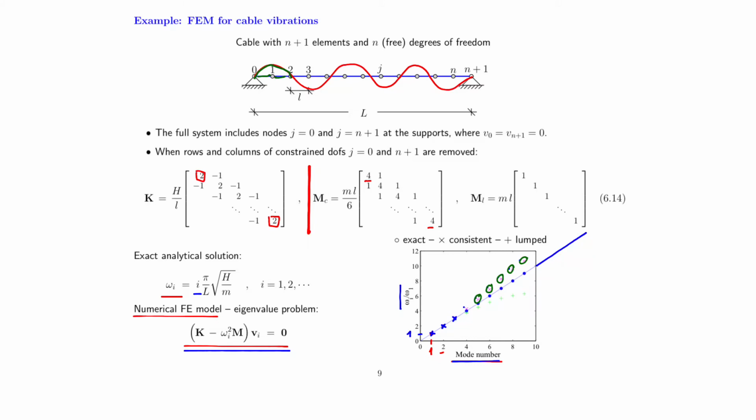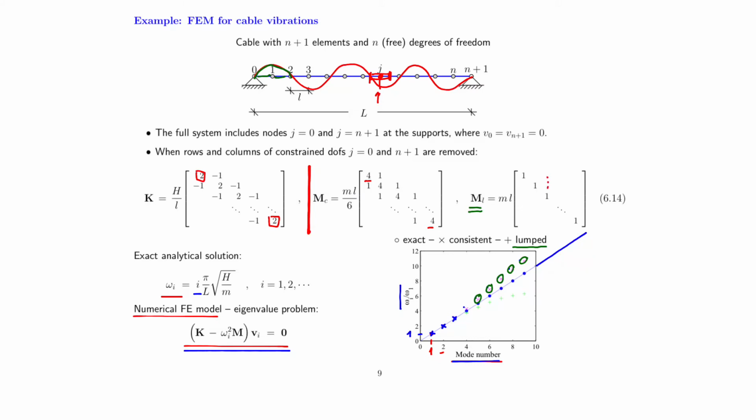A final notion for cable elements is that we can also use an alternative mass matrix. This mass matrix will be referred to as the so-called lumped mass matrix. And lumping means that for a given node j, we simply take the mass of half the element to the left and half the element to the right, and we simply add all this mass directly as a diagonal entry to node number j.